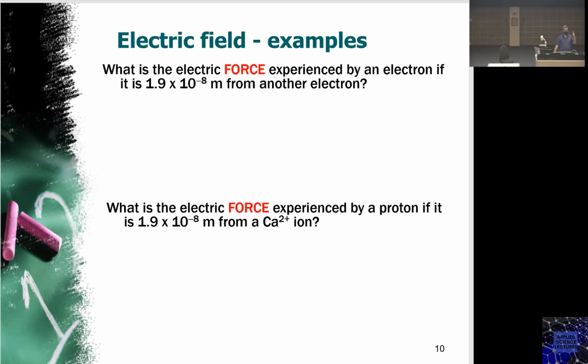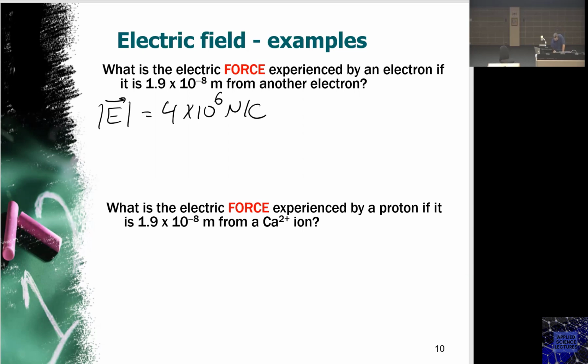If you recall, we've done the magnitude of the electric field from one electron at the same distance, and we found that it was 4×10^6 newtons per coulomb. Was that right? We just did it a few slides ago.